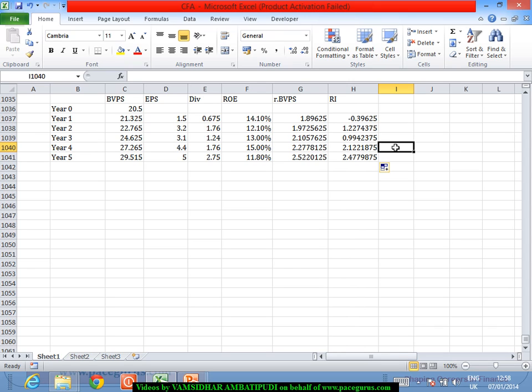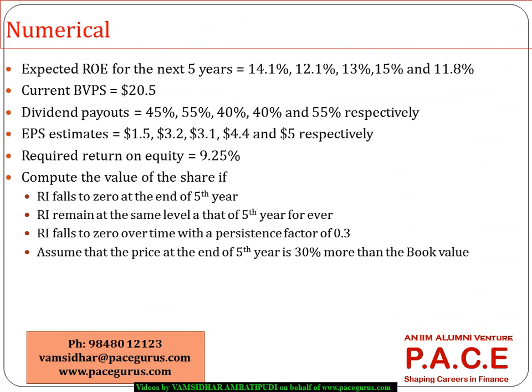Okay, ROE is 14.1%, whereas we are seeing that the company has generated... in fact the ROEs are not required here, so let me take them out.